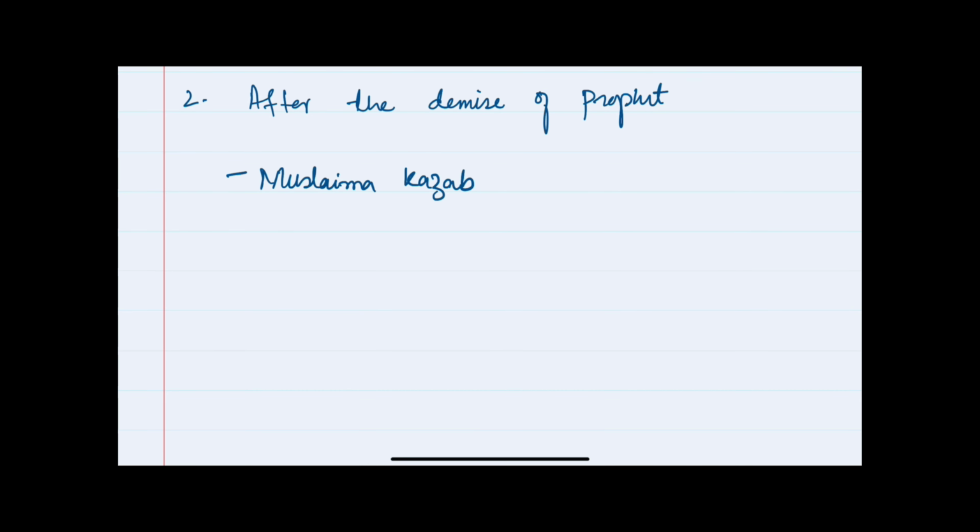Musaylama claimed his false prophethood in the times of our Holy Prophet, peace be upon him, but it was in the last days of the Holy Prophet, so the Prophet couldn't take any action against him. In the times of Hazrat Abu Bakr, he gained maximum support and gathered a huge following around him, and he was causing disturbance and lawlessness in the Islamic empire. You will be studying that when we study Hazrat Abu Bakr as a caliph, so we'll discuss these things in more detail.